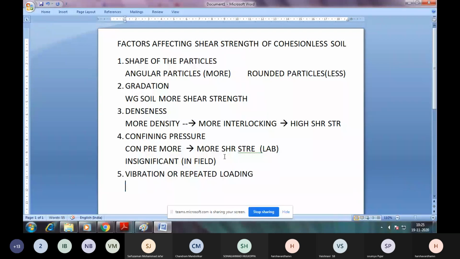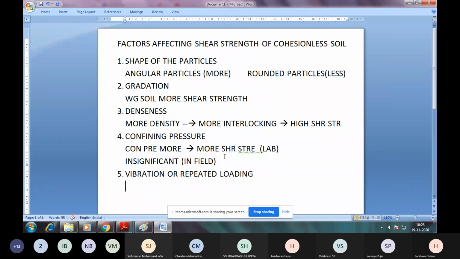Usually, I told you one of the concepts, vibroflotation, when we were dealing with compaction of soil. It is used to compact sand, cohesionless soils.